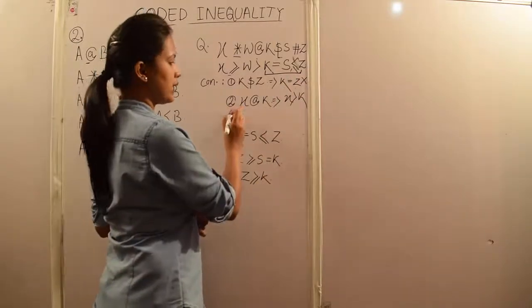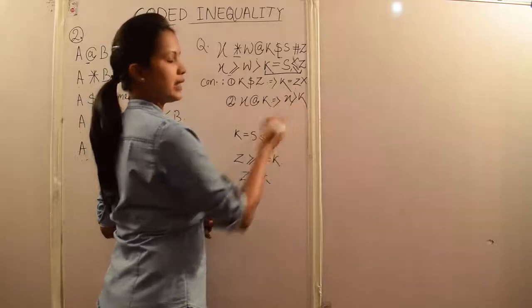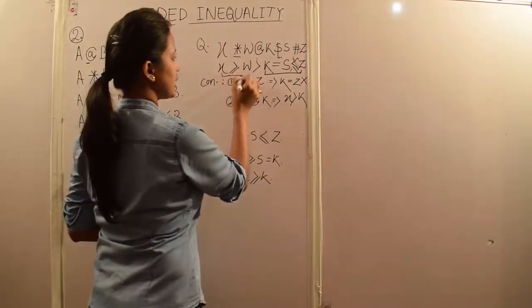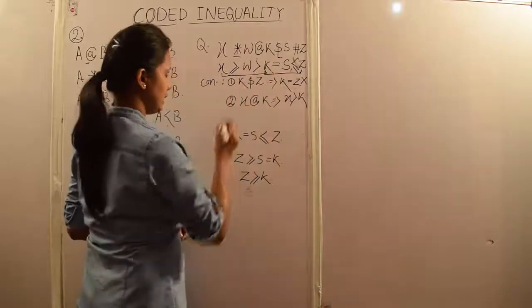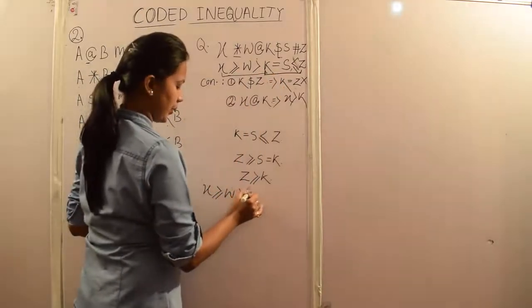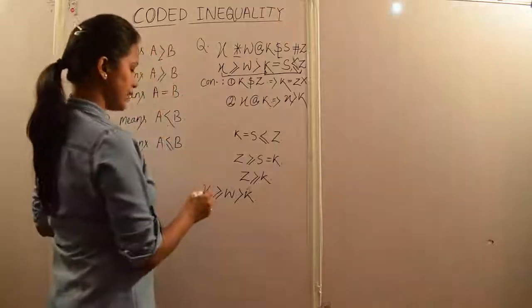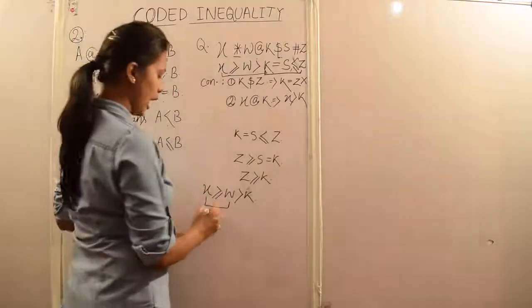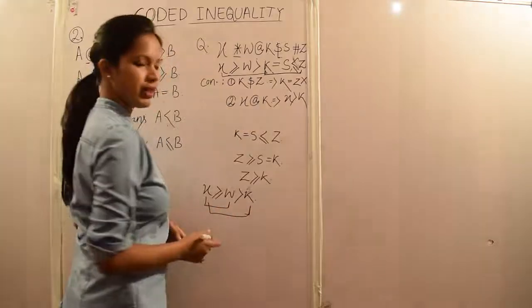Then coming to the second conclusion, that is X is greater than K. Here the comparison is between two variables, X and K. Here it is written X is greater than or equal to W greater than K. The relationship between X and W is directly known to us, but how can we compare X and K?